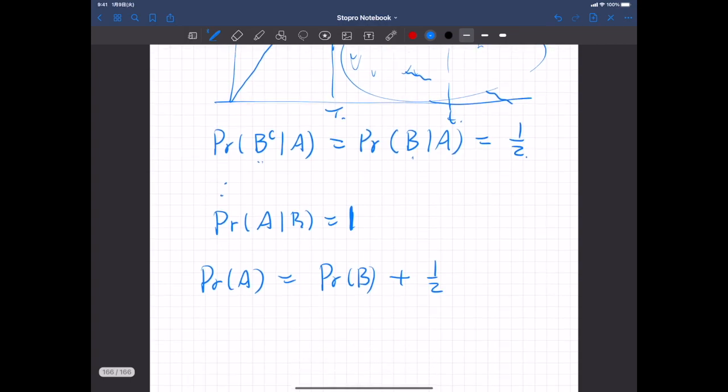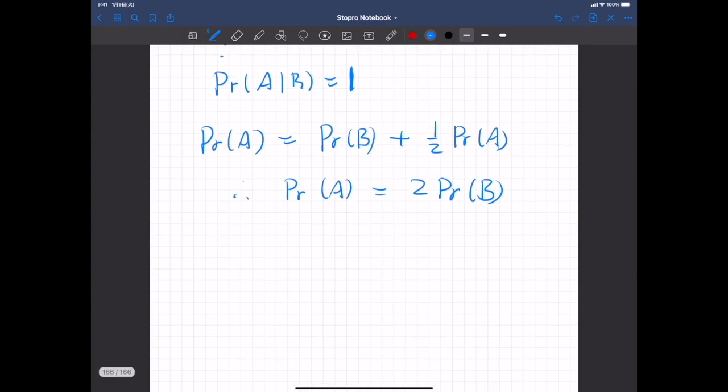Probability of A. Okay, so from this we have, let's see, probability of A is twice the probability of B. From this we can relatively easily calculate this probability. So what we are interested in is this probability of A, which is twice the probability of B.